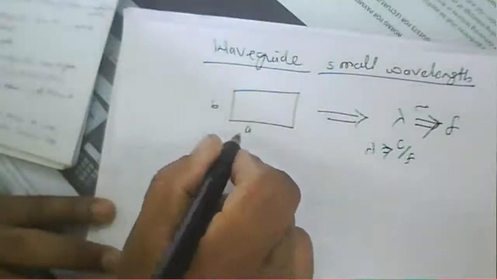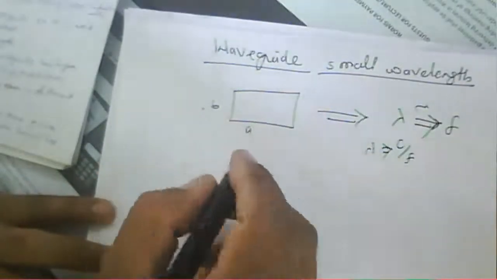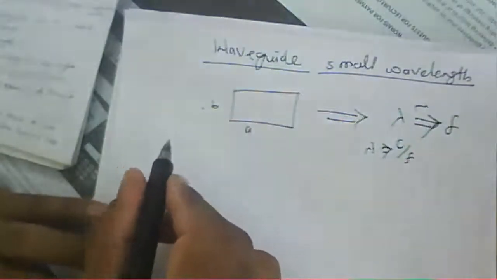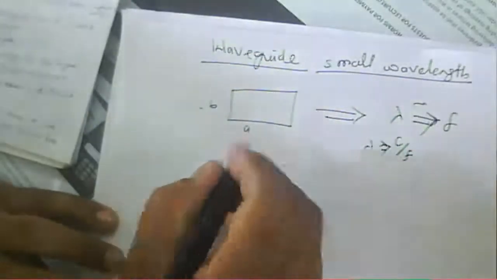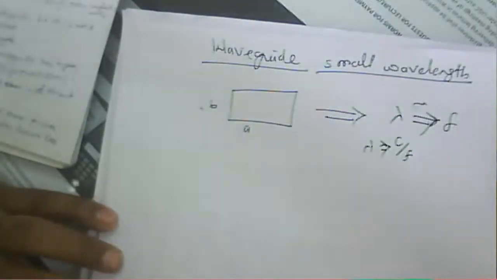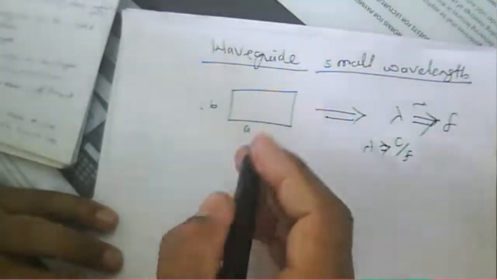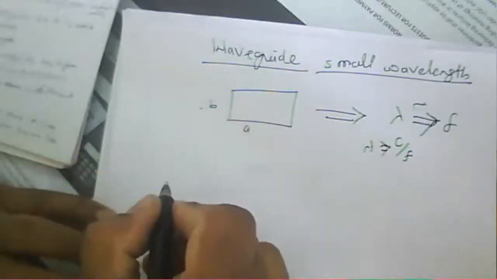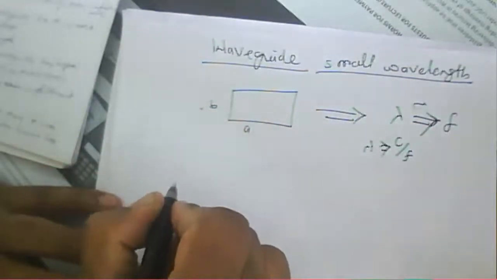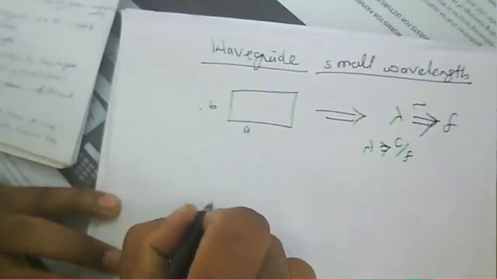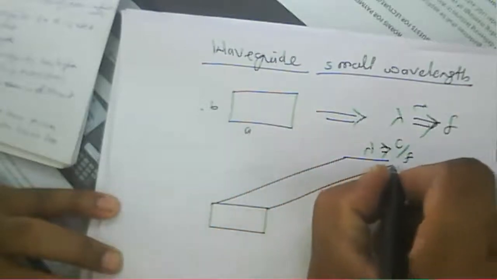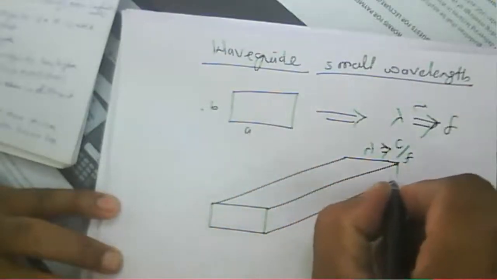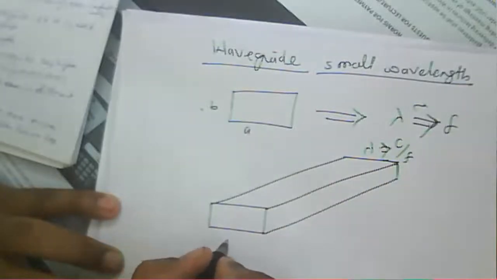So what happens here? A and B change, so lambda or frequency changes. The value of the wavelength depends upon A and B. Similarly, frequency depends upon A and B. In a waveguide, your wave is propagating through the guide, and it depends upon the wavelength.